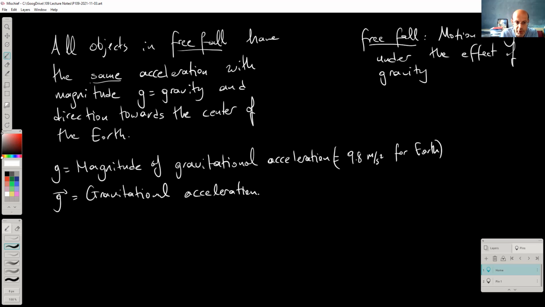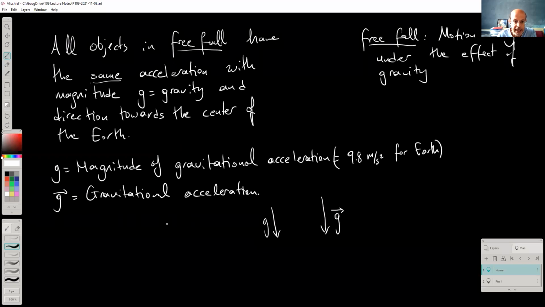But I'm also going to use this vector g for denoting the gravitational acceleration. It's basically the vector having that magnitude and directed downwards. Sometimes I'm going to use this notation, and sometimes that notation, and I will explain the meaning of these notations later.